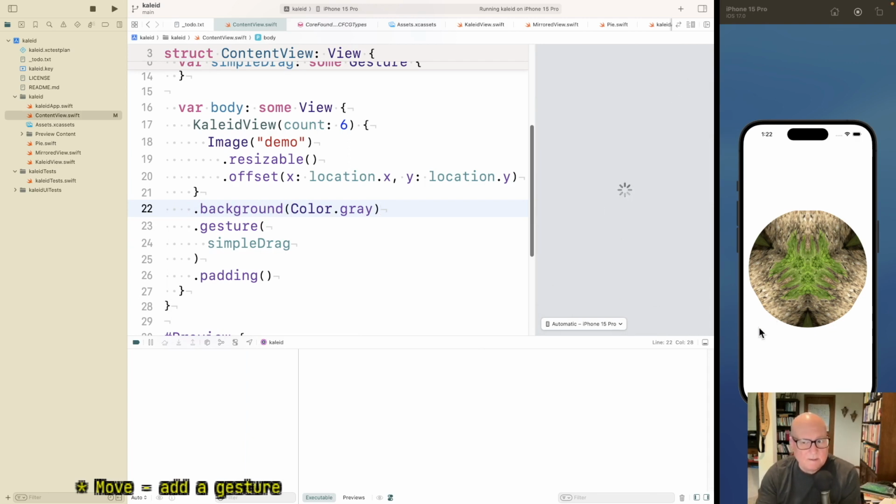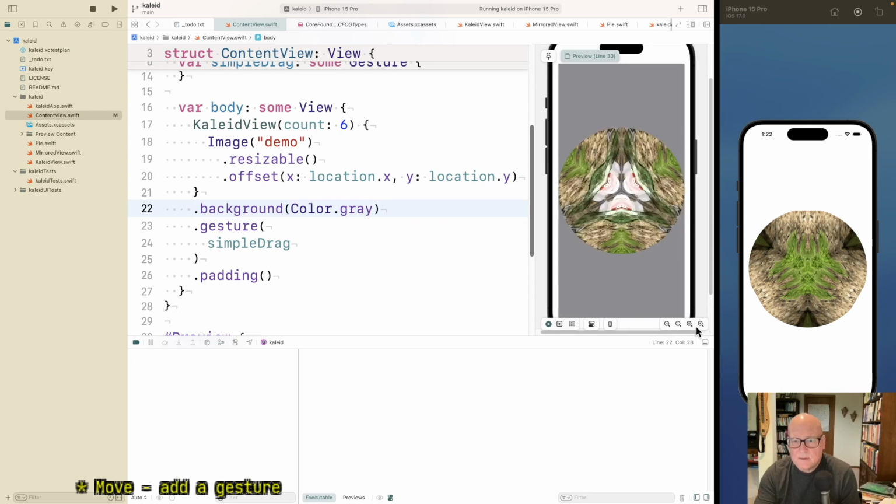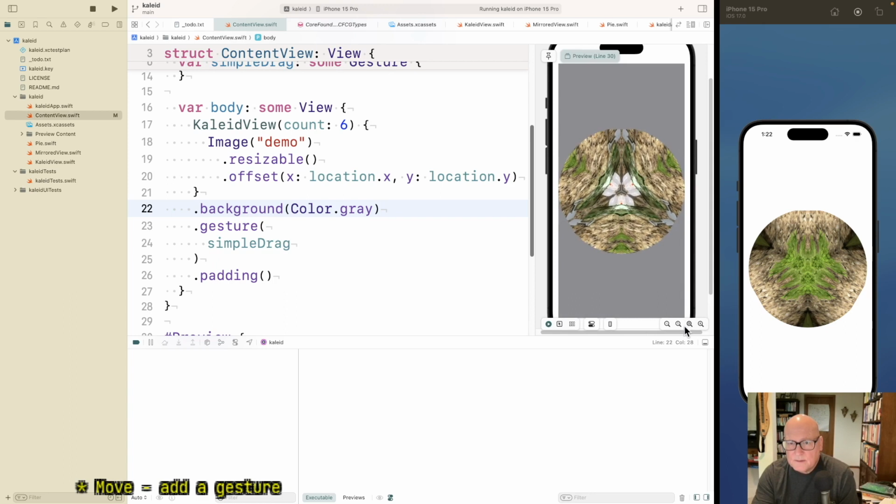I want to see if that white space around it is white or is it gray. Yeah, I'm definitely confused. I'm not getting far enough to. Oh, it is. There, it's gray. Okay.